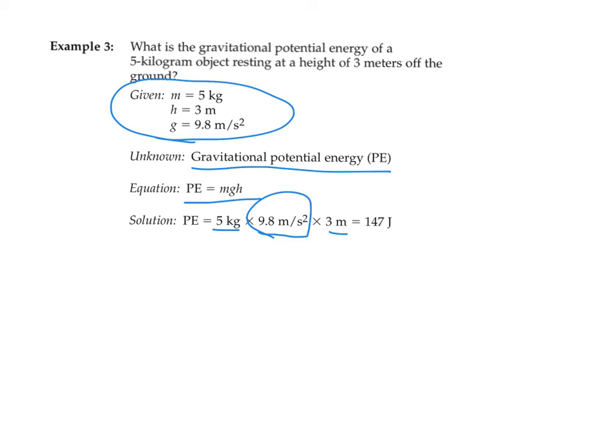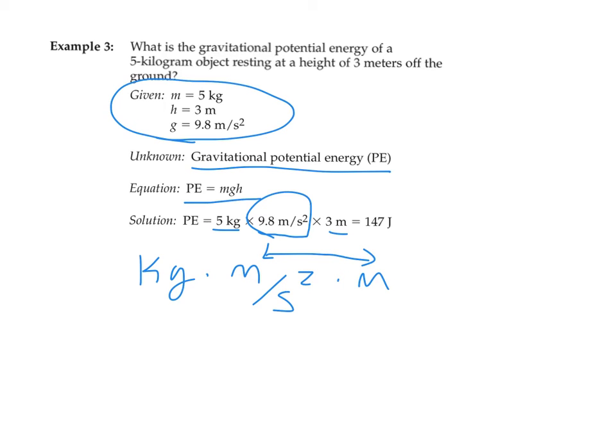So we take our kilogram times our meter per second squared, and we multiply that times a meter. What happens in the end? A meter times a meter gives you a meter squared.